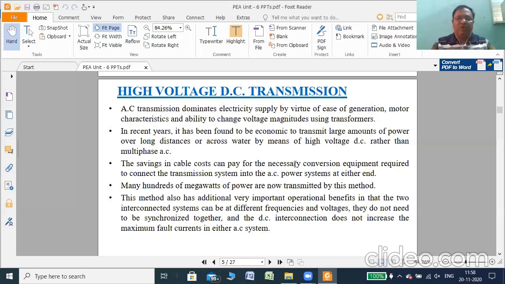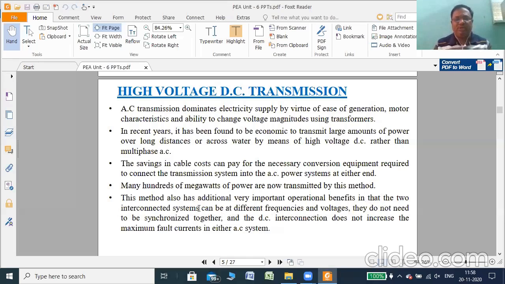The saving in cable cost is the advantage of DC. The equipment necessary to convert AC to DC and DC to AC can be accommodated within the savings in cable cost. Many hundreds of megawatts of power are now transmitted by this method. This method also has an additional very important operational benefit: the two interconnected systems can be at different frequencies.